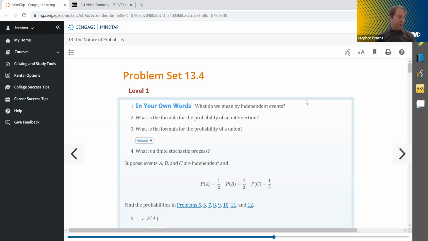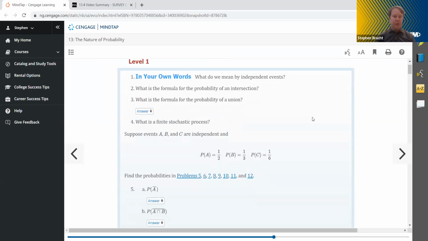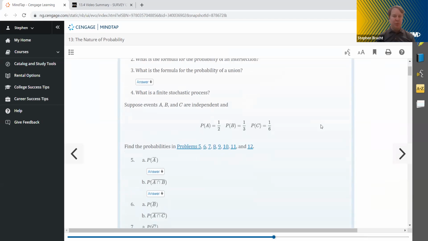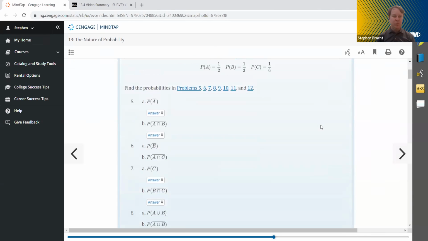So, okay, I'm going to start with just a few basic probability problems here. I'm going to start with problem 5 actually. And you see that we are given 3 probabilities: P of A equals 1/2, P of B equals 1/3, P of C equals 1/6. Okay.